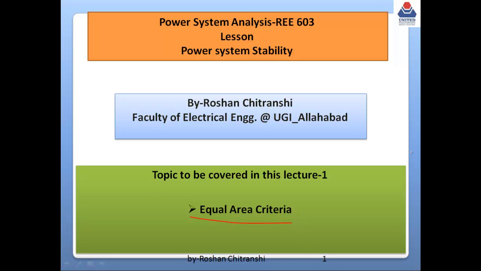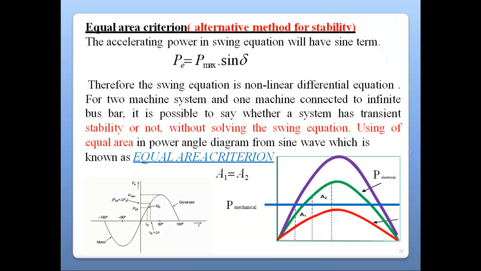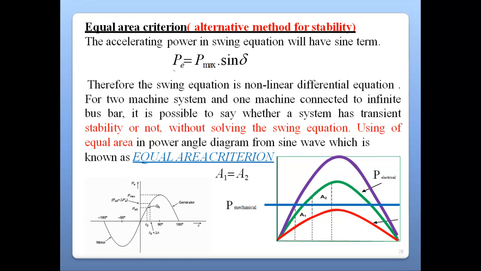Now, starting with a single machine, let us take the equal area criteria topic. As we know, we have a swing curve represented by a power flow curve with this formula, in which P is the electrical power, P = Pmax sin delta, where delta is the power angle.